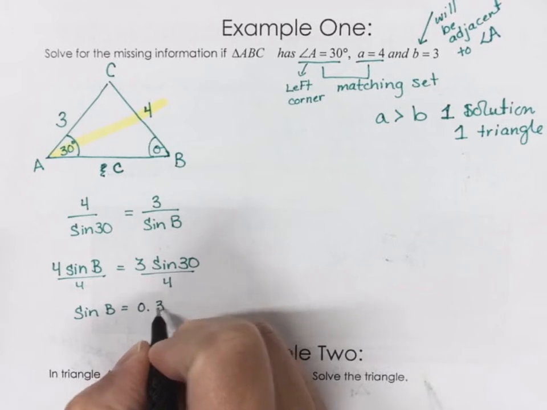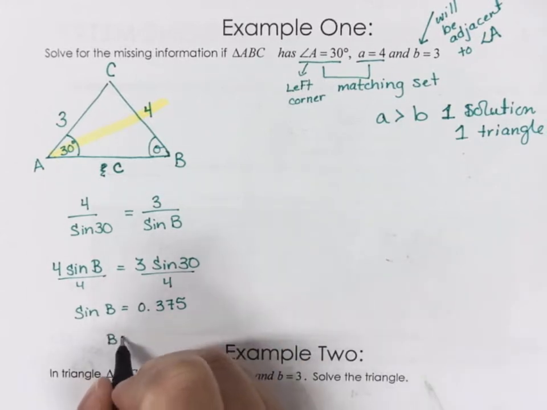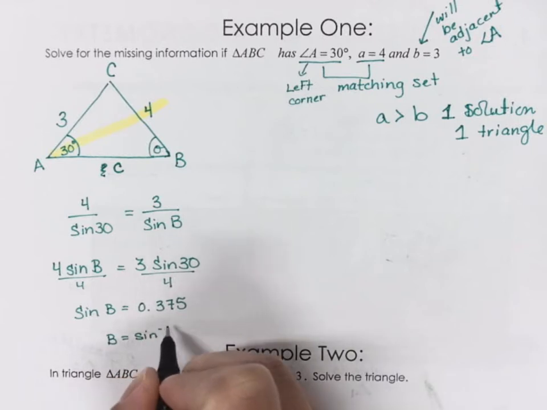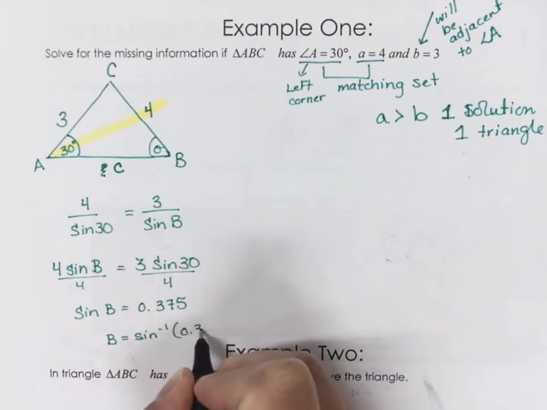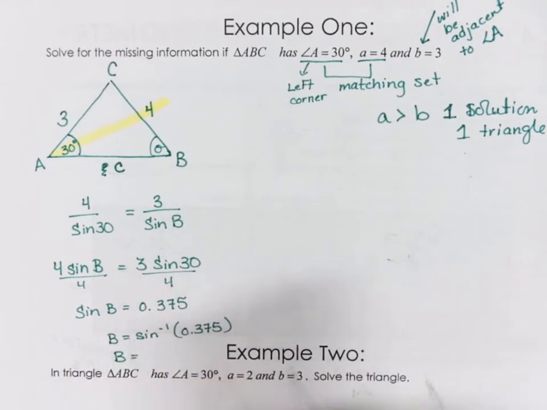It's a terminating decimal. So that's always nice. I don't have to write out a bunch. So I'm finding the angle. So again, I'm making sure my calculator's in degrees. So angle B is going to be the second function sine of that decimal. And we'll round our degrees to the nearest whole degree.